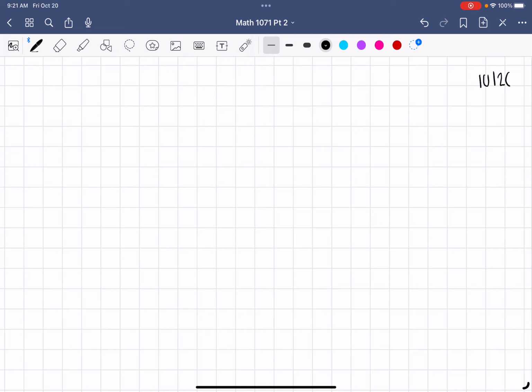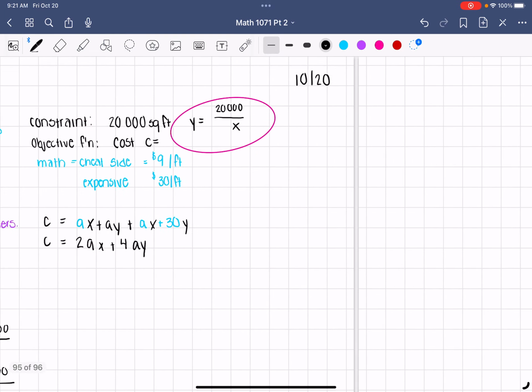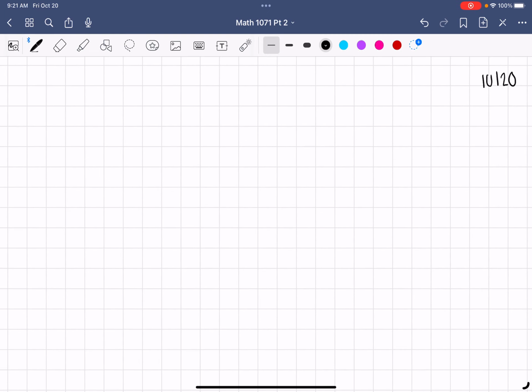A bus company charges $10 per person for a sightseeing trip if 30 people travel in a group. If for each person above 30, the company reduces the charge per person by 20 cents, how many people will maximize the total revenue for the bus company? So let's let X be the total number of people above 30.